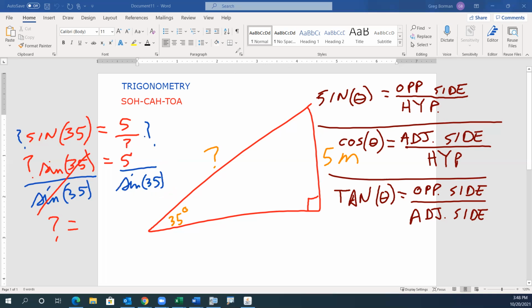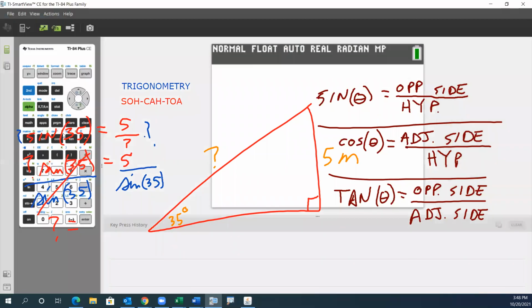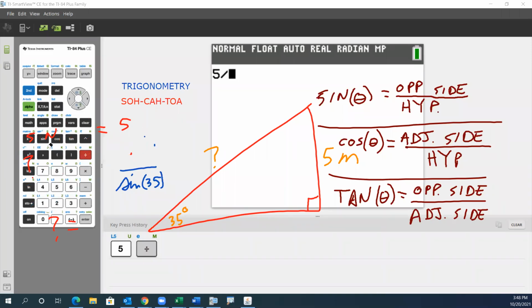Okay, so now it really is calculator time. And so I'm going to go 5. I know it's hard to read. Sorry about that. 5 divided by, and then you'll notice, if I do some erasing, you'll notice it. Get rid of all this stuff. Make it easier for you to see what is going on.